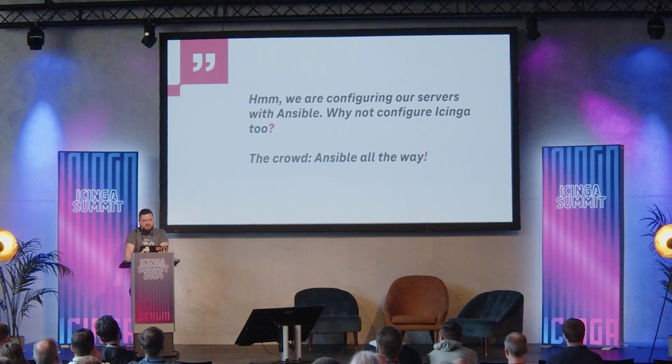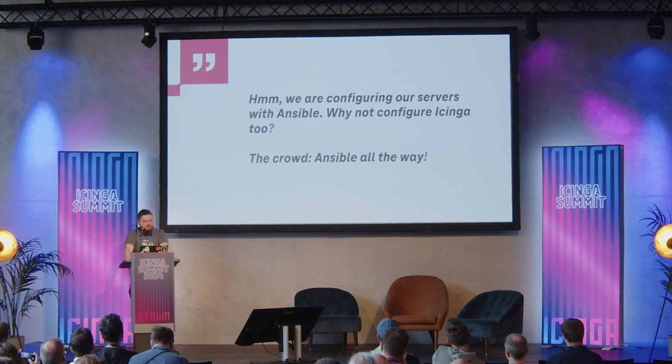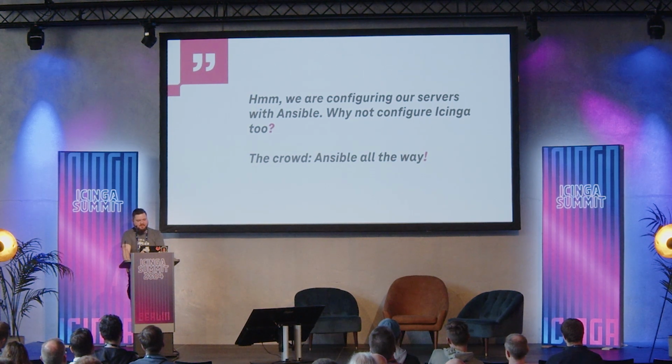The next thing we did with our installation, we're doing a lot of stuff with Ansible for automating our server installs, our application configurations and stuff. And we also wanted to configure Icinga with Ansible. And with us, there was a little crowd which loudly shouted, Ansible all the way, everything in Ansible, go away with everything else. So we did it.